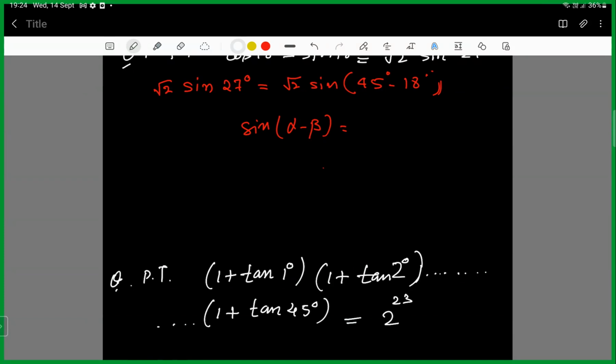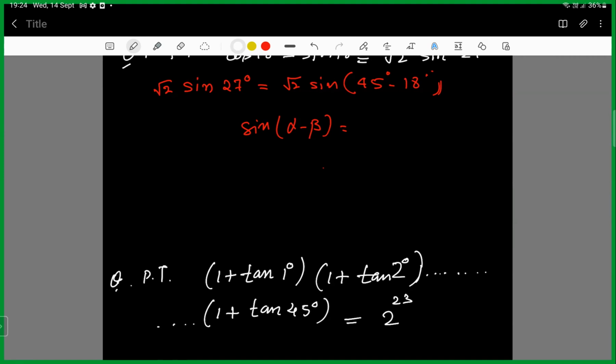See, the cos as well as the sin are both here, right? Understood, right? Cos A minus B. You have not even written it.